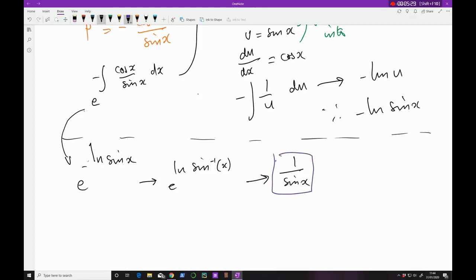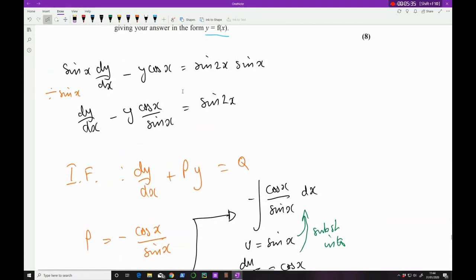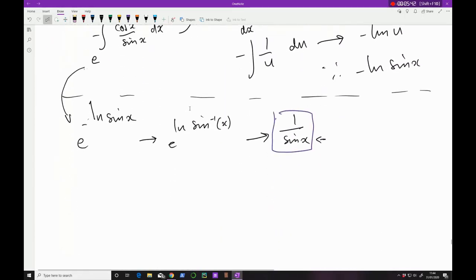So what do we do with our integrating factor? This is our integrating factor. What do we do with it? We multiply everything in our original ODE expression with our integrating factor.